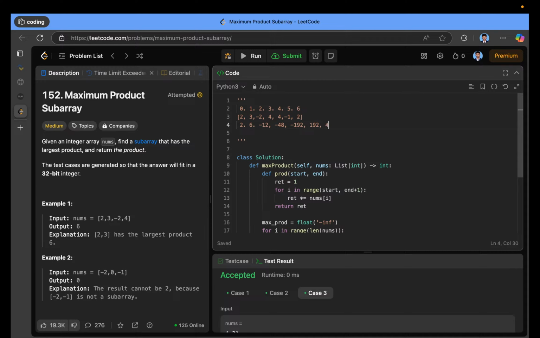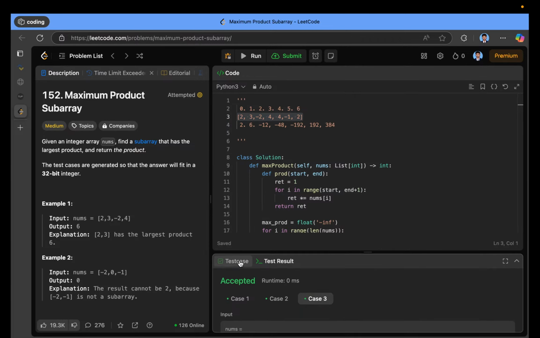Again, 4, minus 18 times 3. Okay, 384. So this should give the answer 384.